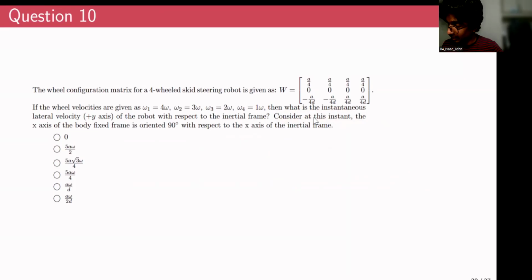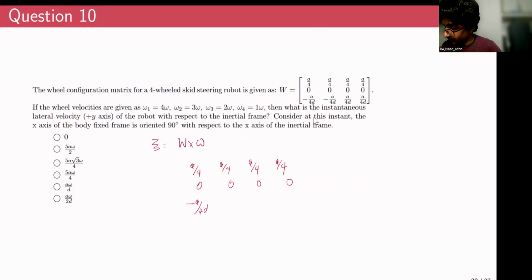So this is similar to all the problems that we have seen. We have this relation zeta as W times omega, where W is given as a by 4, a by 4, a by 4, a by 4, 0, 0, 0, 0, minus a by 4d, minus a by 4d, a by 4d, and a by 4d.